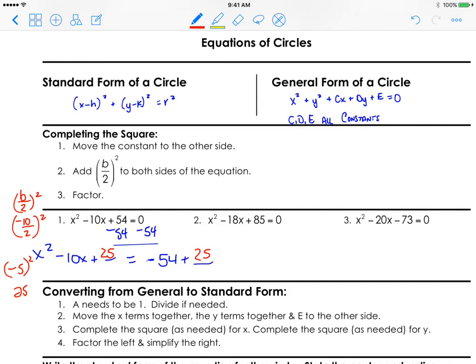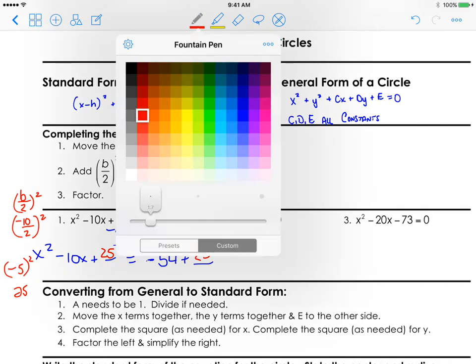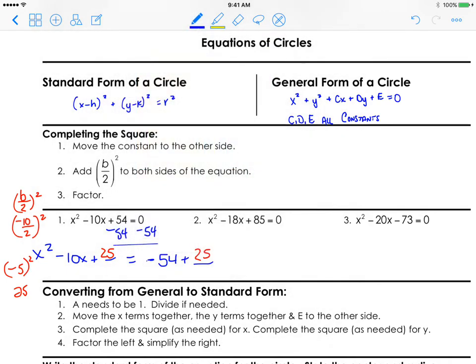Okay, so we're going to factor now. We want to factor our perfect square trinomial on the left side of our equation. So we get x minus 5 squared equals negative 54 plus 25. A little quick computation gives us negative 29.